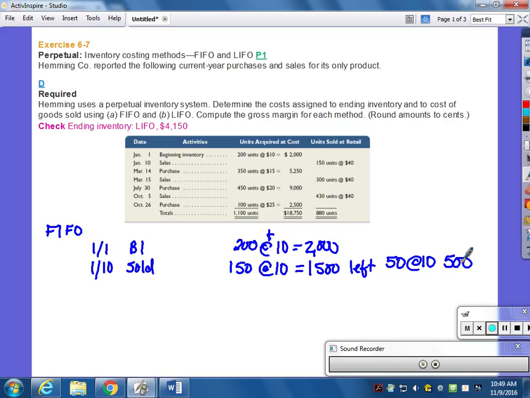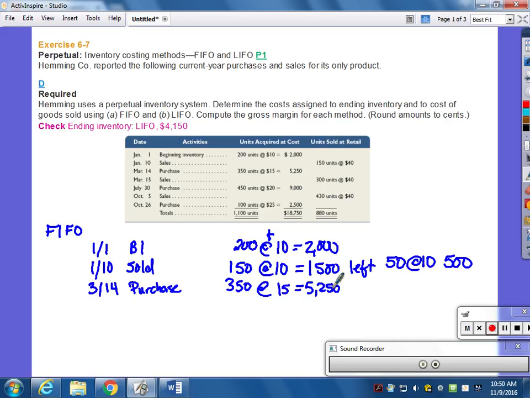And then what's next? March 14th, they purchased 350 more units, at $15, which equals 5,250.